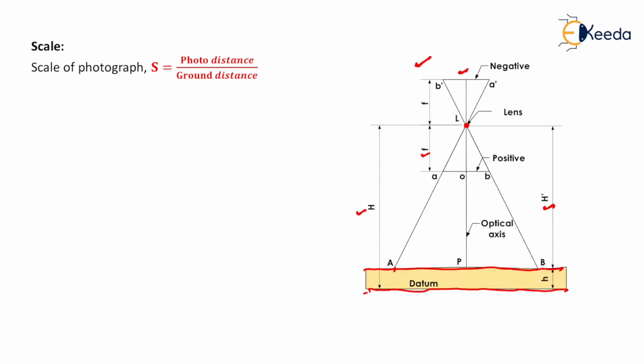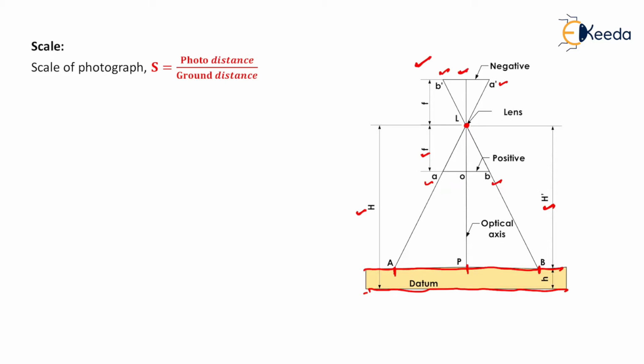This is the point or the area whose photograph is to be taken, that is AB, and this is the optical axis. Now the negative image of capital A will be small a dash, capital B will be small b dash. So its positive image will be small a and small b, which is shown here.